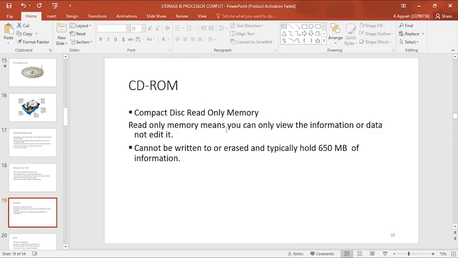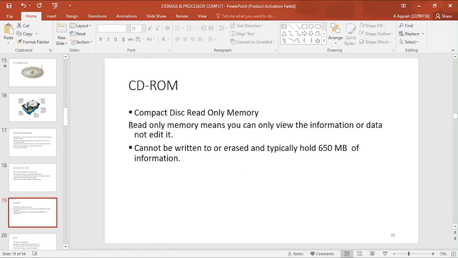So compact disc read-only memory allows us to put data on it, and it cannot be edited. It cannot be changed. You can only read from the disc. So that is why it goes by the name compact disc read-only memory.